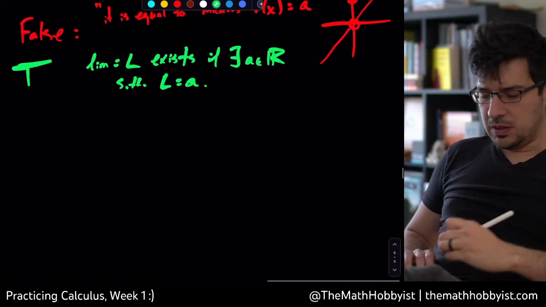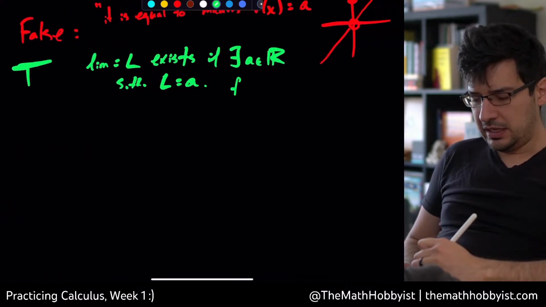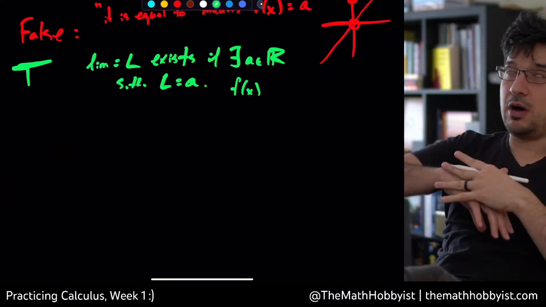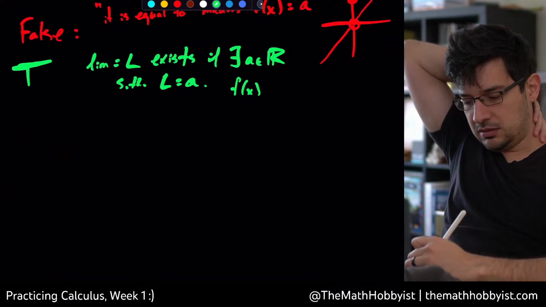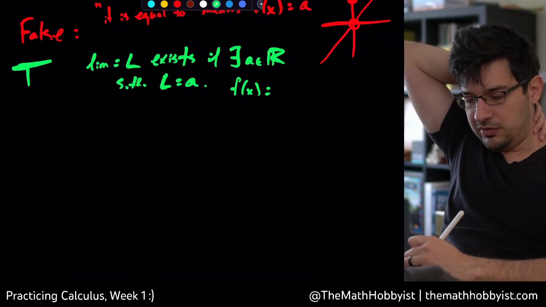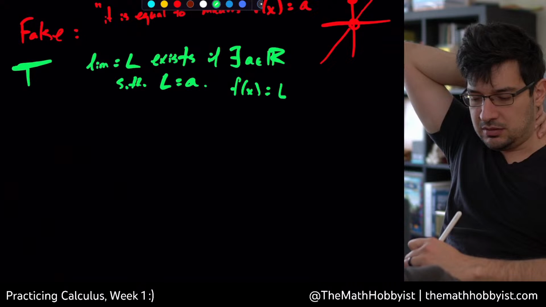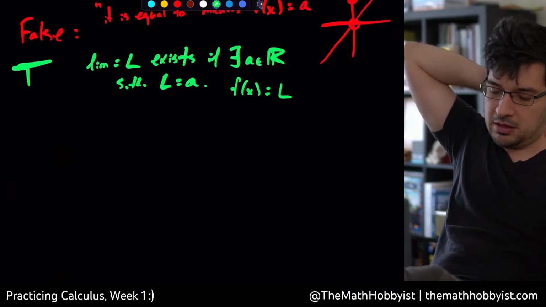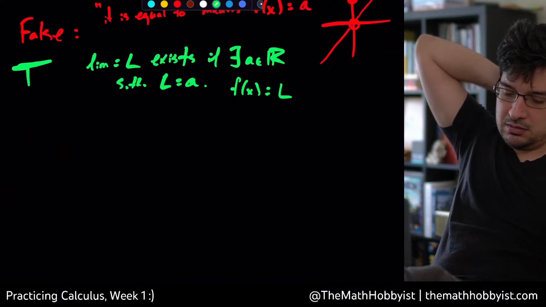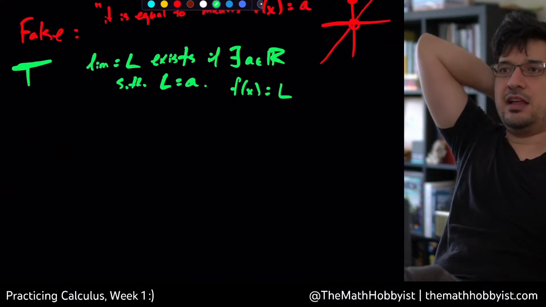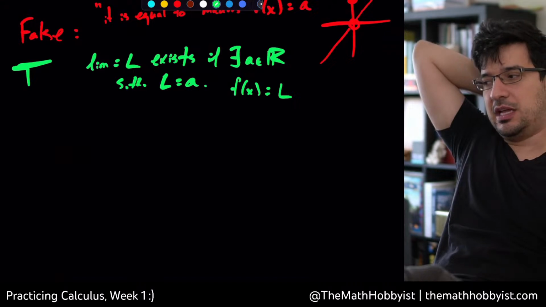That's true because if we're talking about the world of all possible functions, then we can always find a function, maybe the constant function, f of x equals L. And then there is a function for which this limit exists.